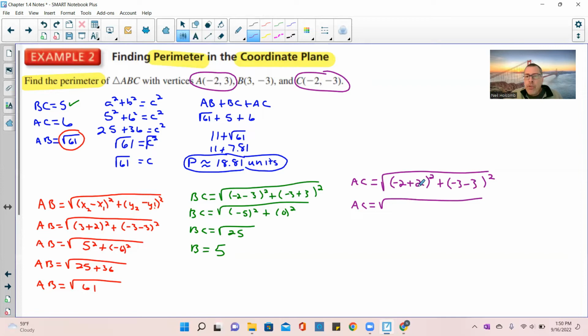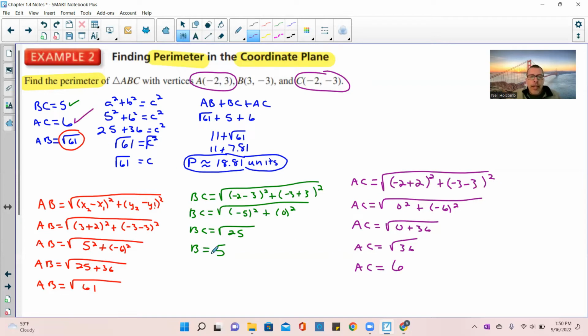All right, so -2 plus 2 is 0 squared, plus -3 minus 3 is -6 squared. So AC is going to equal the square root of 0 plus 36. So AC equals the square root of 36, and the square root of 36 is 6, which is right here.